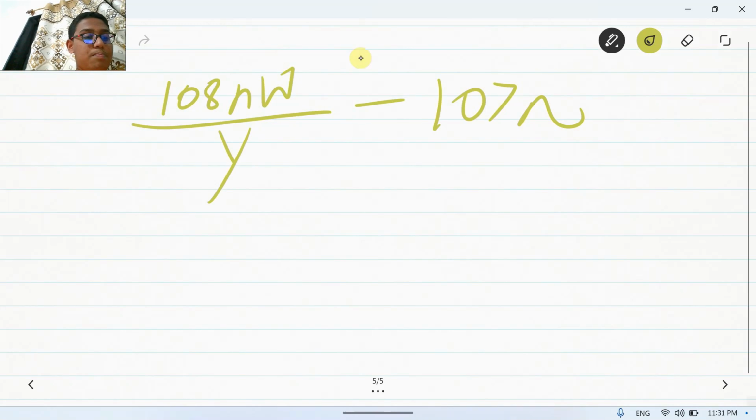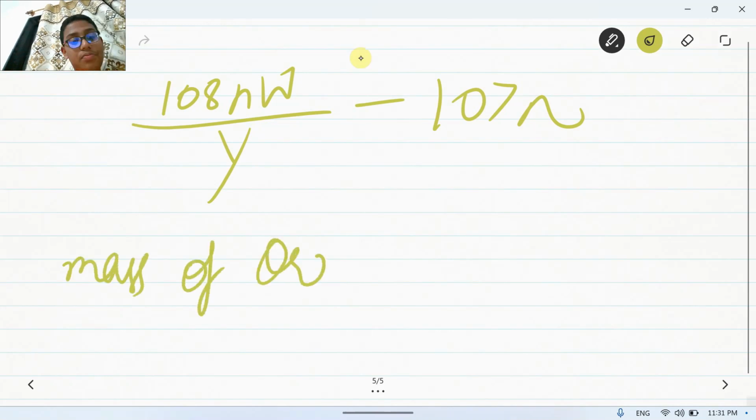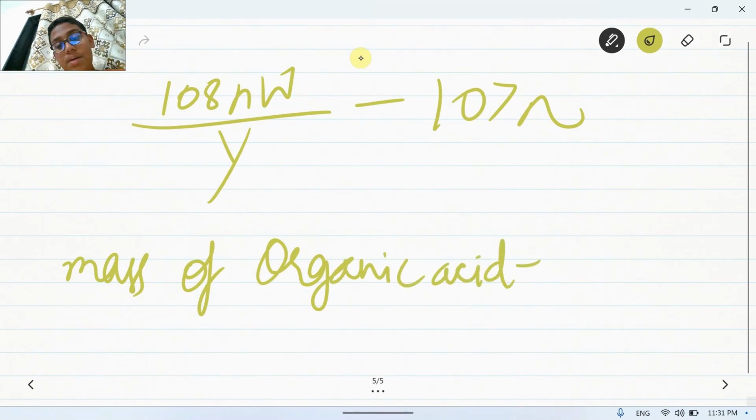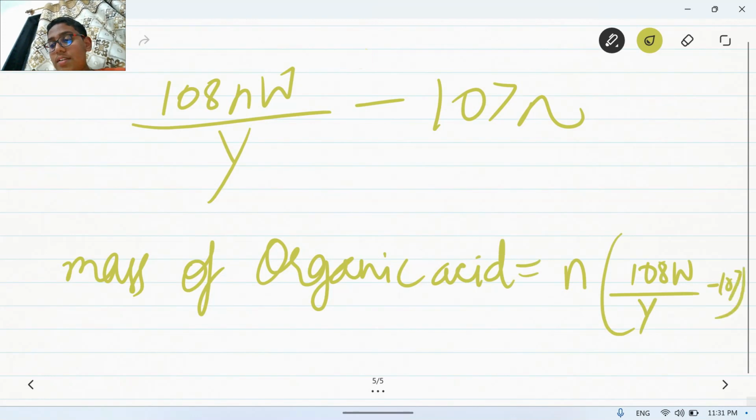Now, the molar mass of the organic acid comes out to be n times (108 W by Y minus 107) grams. So yeah, this is the molar mass, basically, not mass.